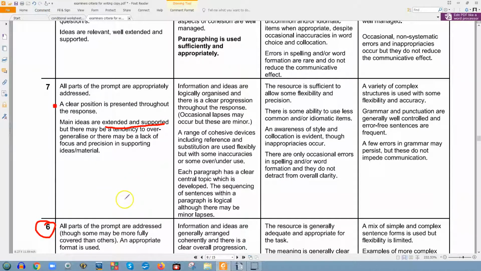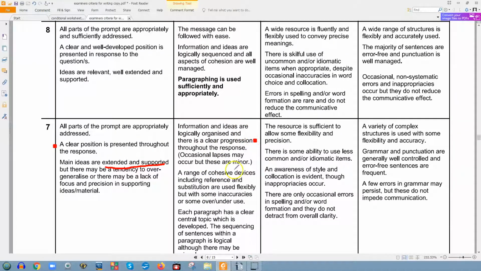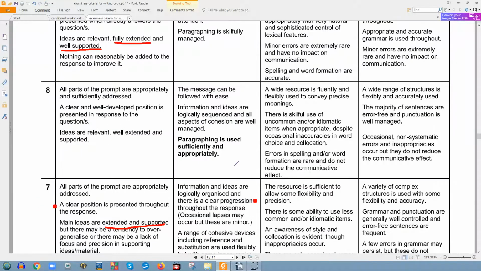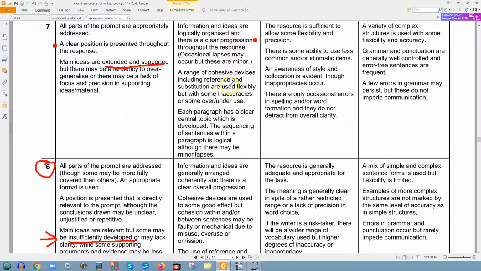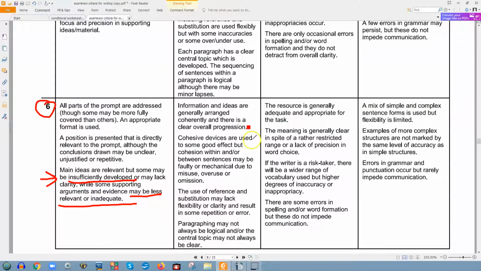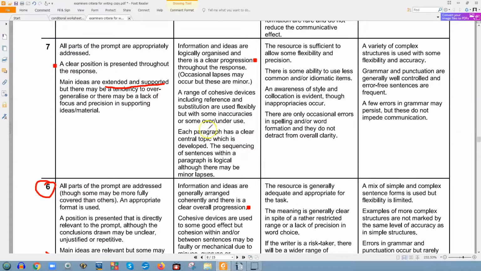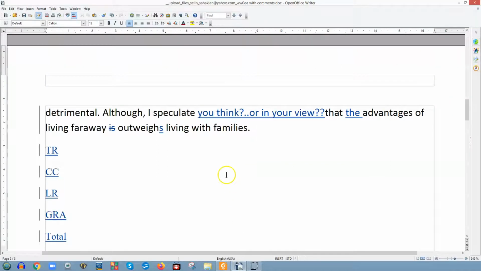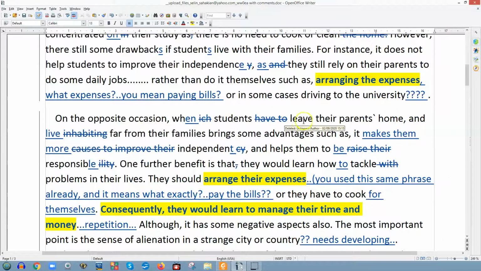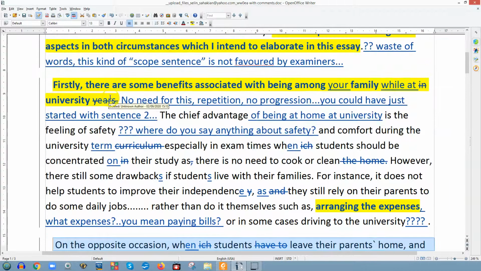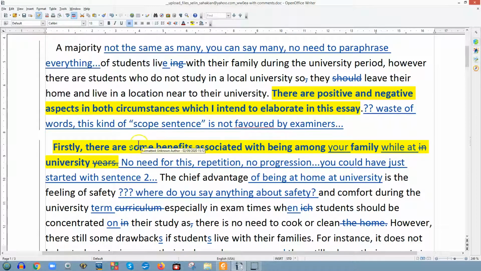Now, cohesion and coherence is closely connected to this. Progression, is there a clear progression? As I said, these keywords: progress, progression, logical sequence, clear overall progression. Well, as I say, when you are repeating some things, it's not really progressing.